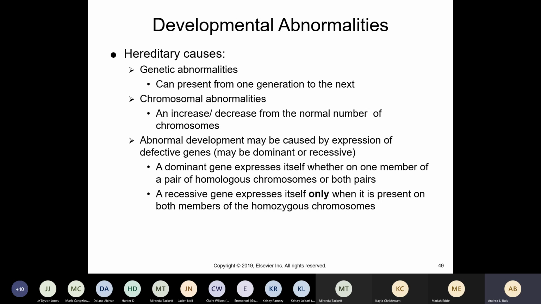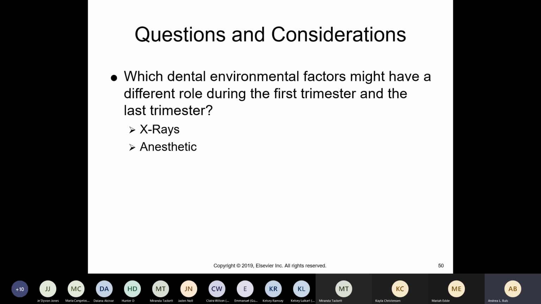A dominant gene would express itself whether on one member of a pair of homologous chromosomes or both. On a recessive gene, you would have to have 2 sets of chromosomes containing that gene in order for that to be present. So those are some things that can happen and cause hereditary causes for those developmental abnormalities.